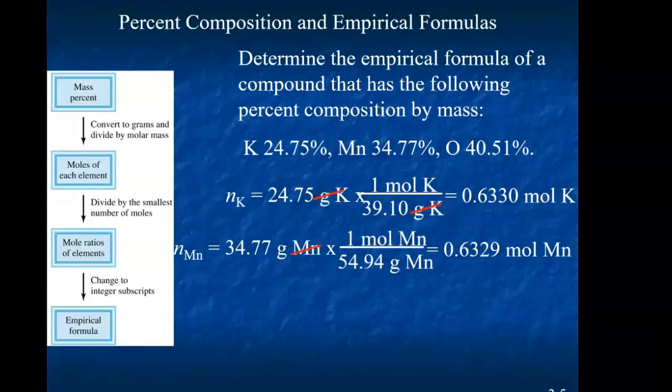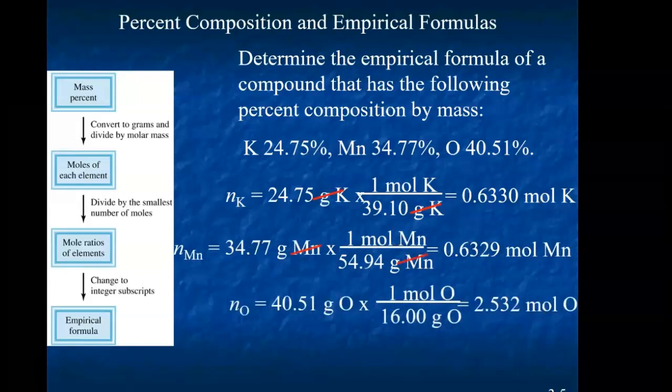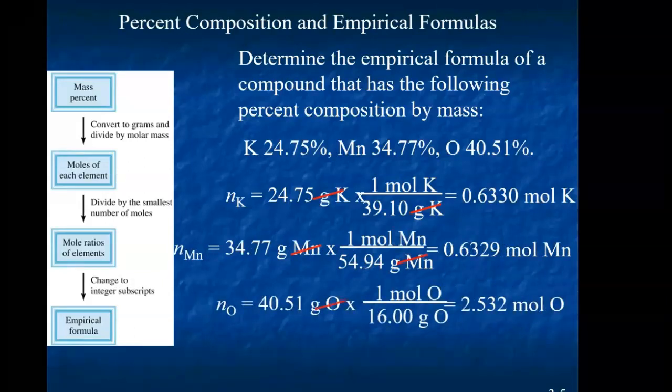So here's the first and second step. We assumed 100 grams, so we turned the percentages into numbers. Then we got the moles, and these numbers came from the periodic table. That's step 2.